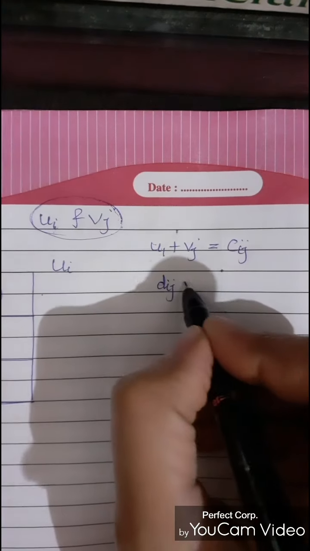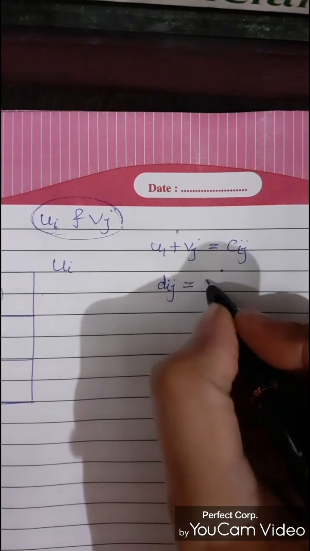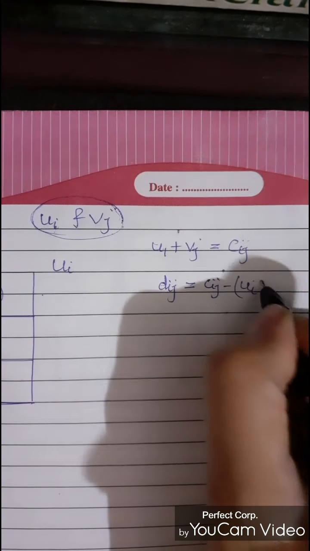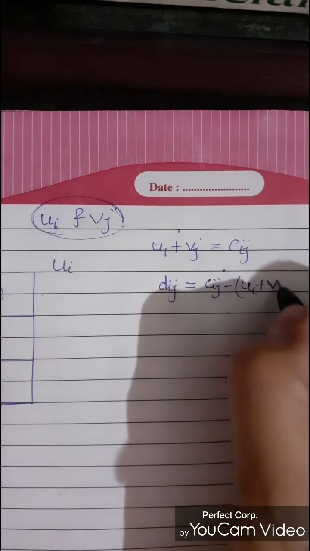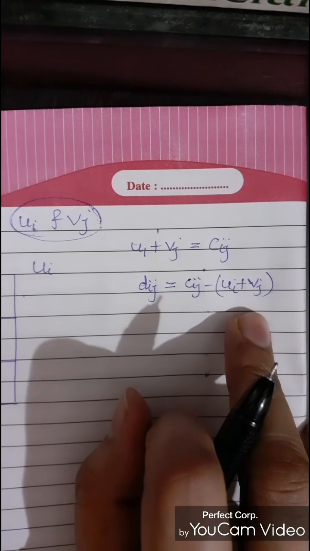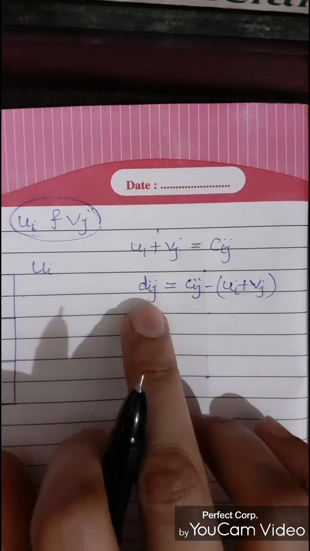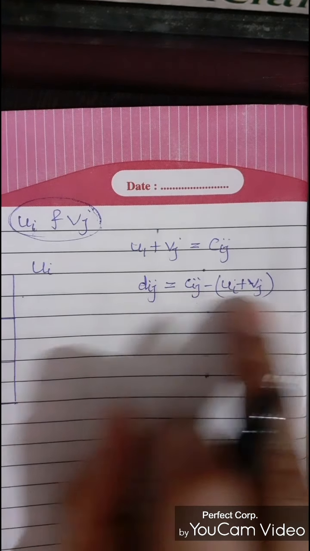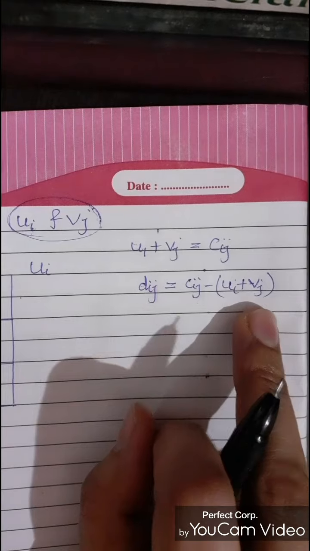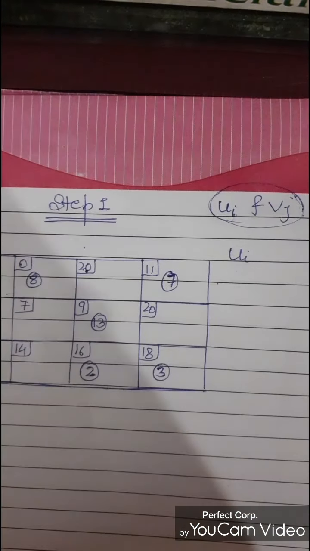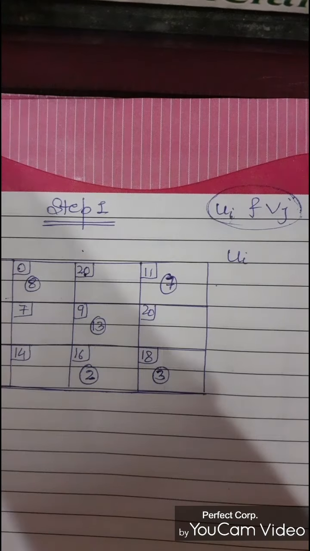The formula for Dij is Cij minus the sum of Ui plus Vj, that is, Ui plus Vj deducted from the cost Cij. So the value of all Dij should be calculated using this formula. How this formula will work, you will understand in the next step.